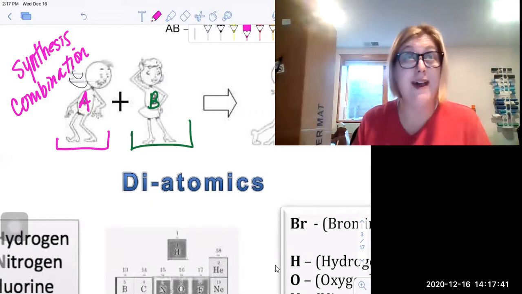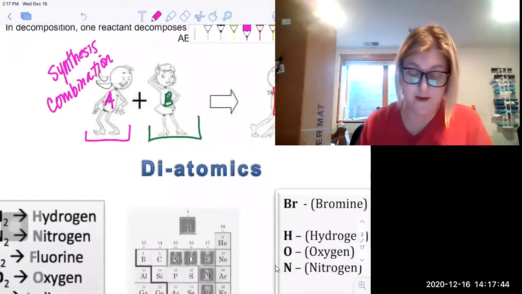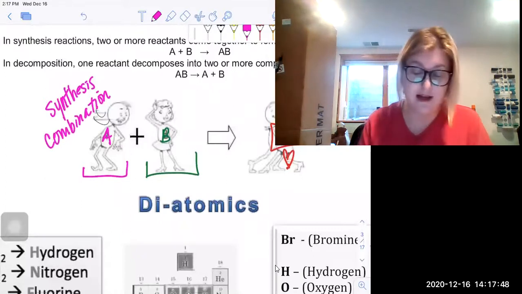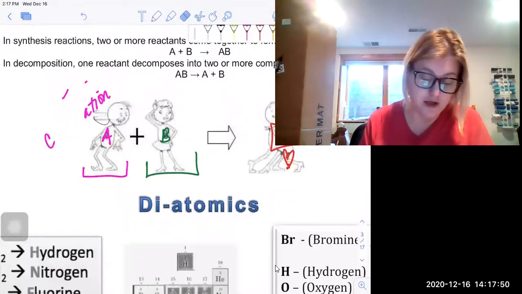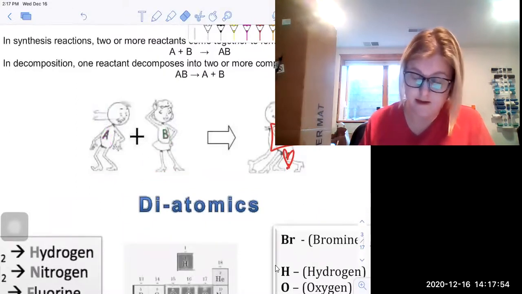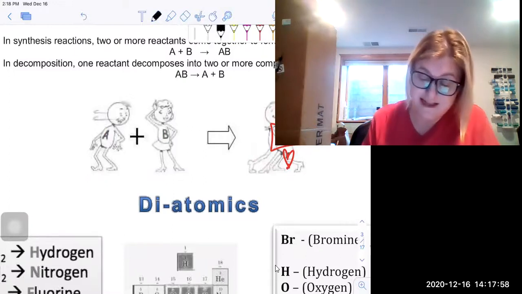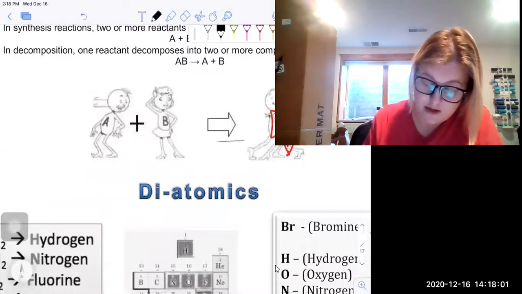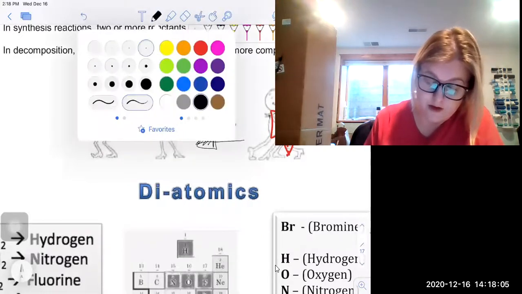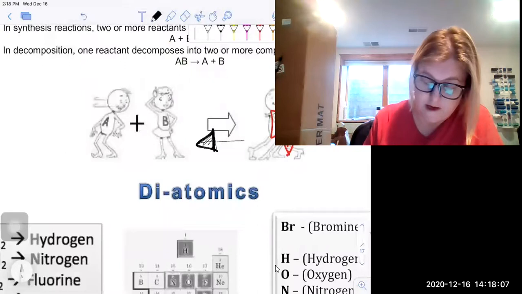And then we have basically the opposite of this. I think a lot of you as high school students are probably pretty familiar with this one, unfortunately. You could be in a relationship with somebody, in this little love affection thing. But in a decomposition reaction, you go the other way.